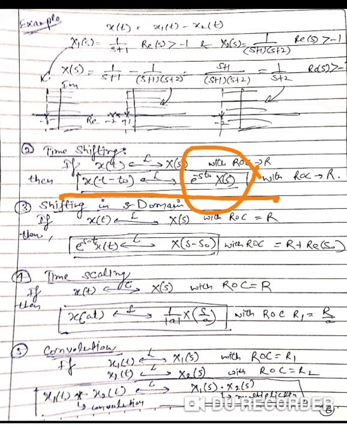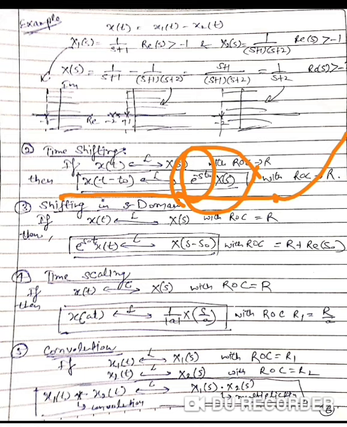That is, we get an extra term e to the power minus s t naught, by which the time has been shifted, x of t minus t naught. The ROC would remain the same as the original function.